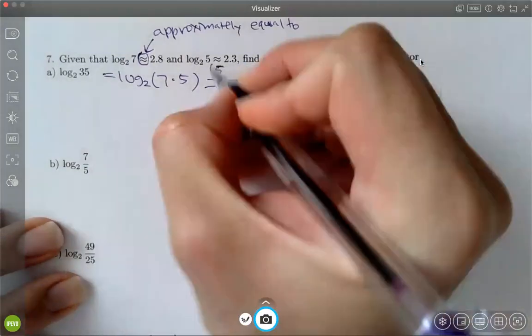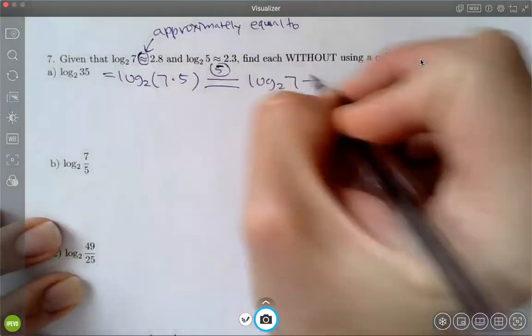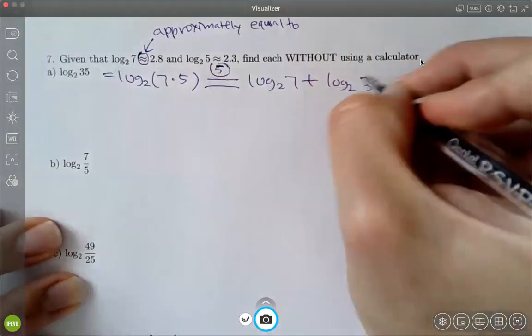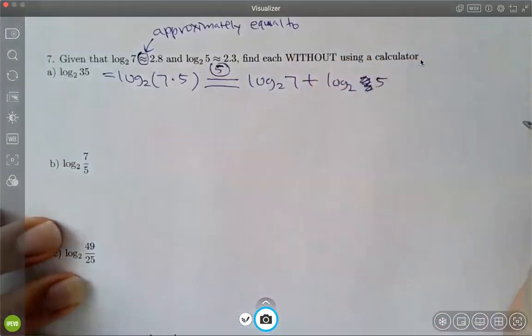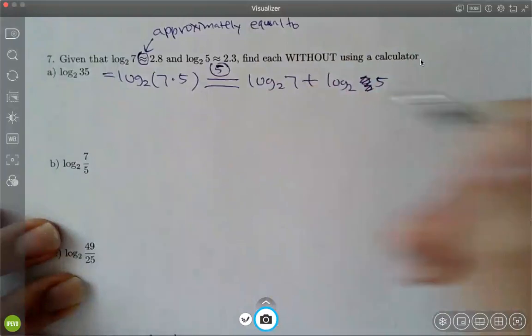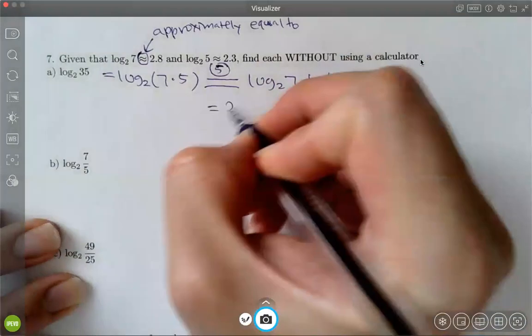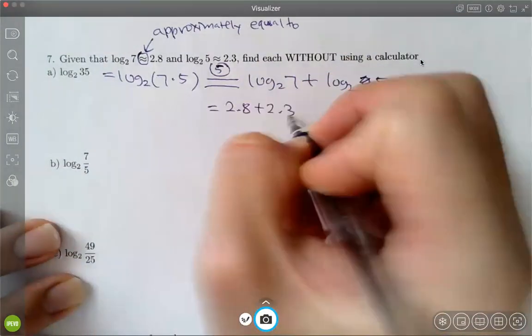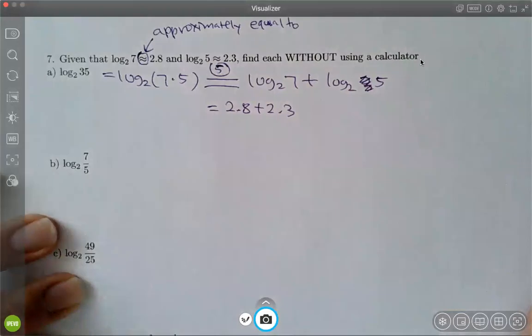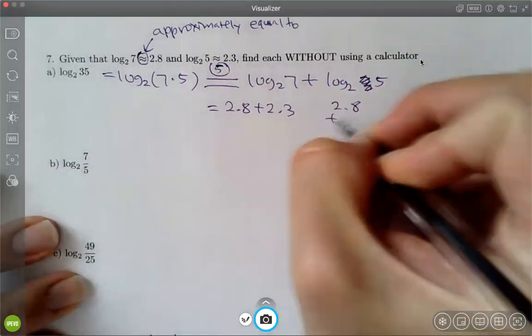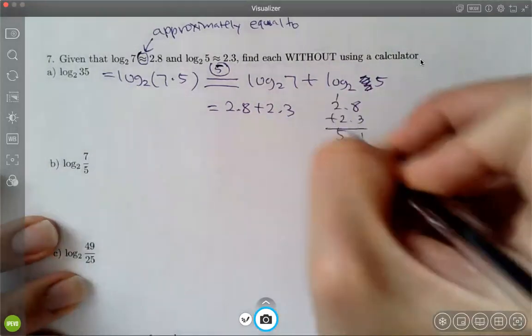You have to add, right? You are not multiplying 2.8 and 2.3. It's a product within the log, so that means the summation of each individual log. So what do you have? 2.8 plus 2.3, right? Hopefully you remember how to add decimals by hand. So 2.8 plus 2.3 is what? 5.1, right?